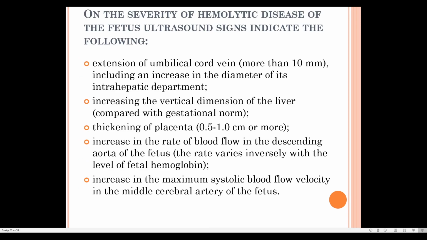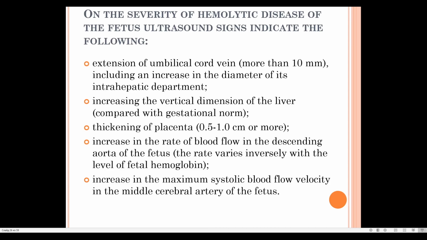On the severity of hemolytic disease of the fetus, ultrasound signs indicate the following: extension of the umbilical cord vein more than 10 mm in diameter, including an increase in the diameter of its intrahepatic department.